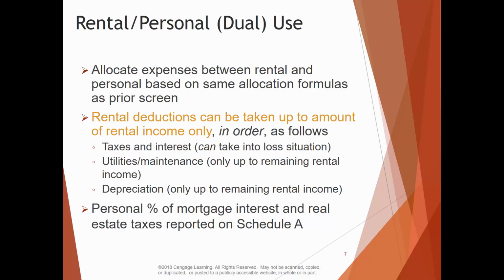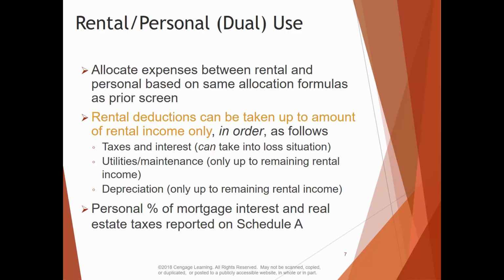Okay, so we're going to walk through a couple examples. It's easier to really do than it is to explain in words. So the first thing you have to decide is which of the 3 categories it is. If it's primarily personal, there's no allocation. You don't have to set this up at all. If it's a dual use or primarily rental, then you do have to set up this allocation.